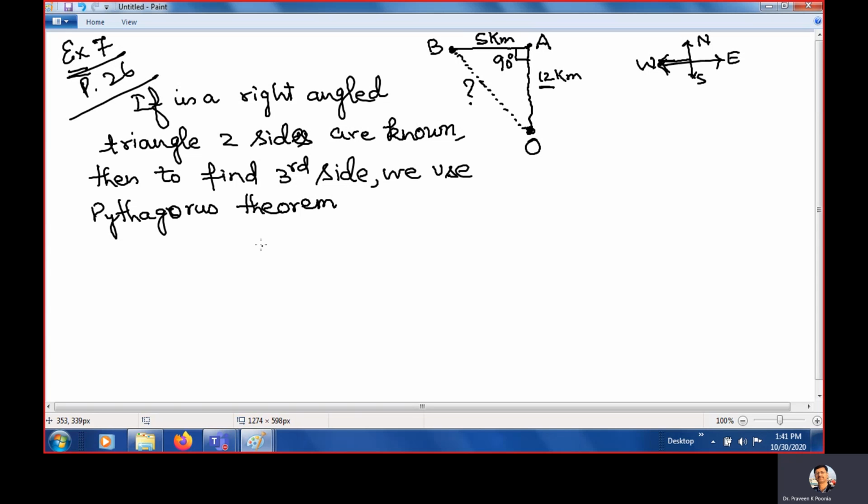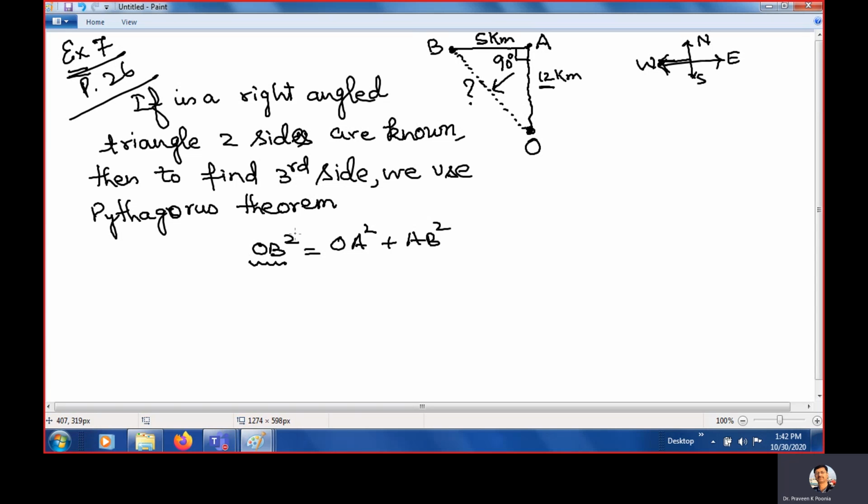That OB square equals OA square plus AB square. This is the formula. The side opposite the 90 degree angle, its square is equal to the sum of the squares of the other two sides. Opposite 90 degree is OB.